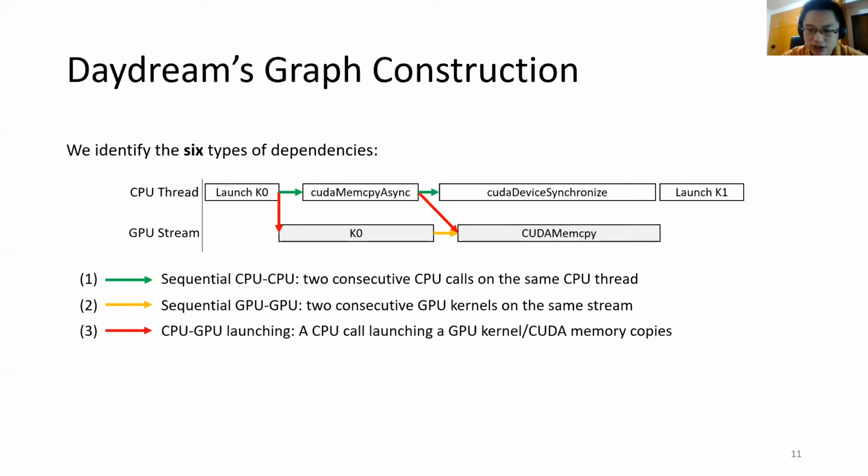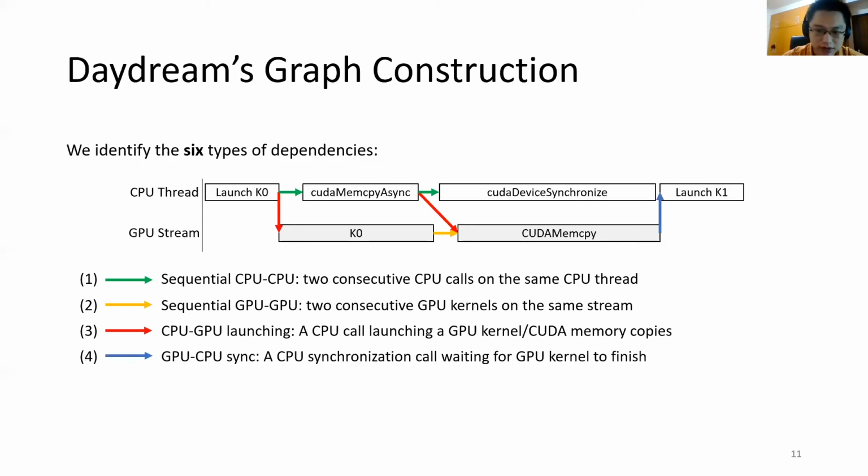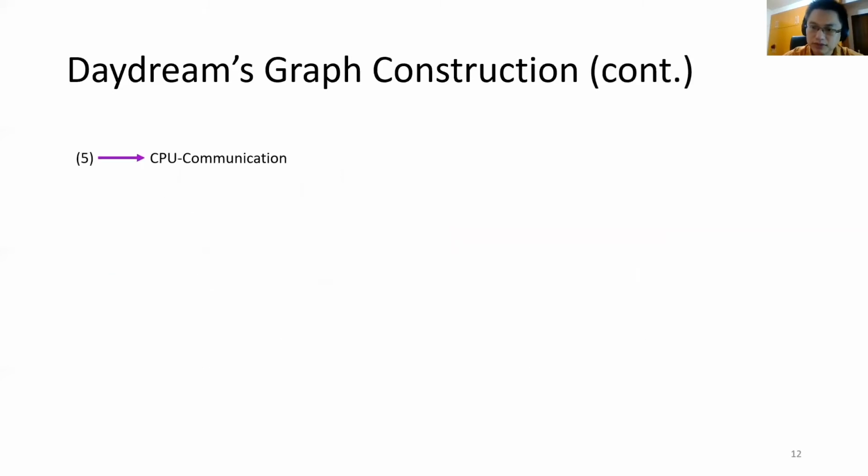And third, each GPU kernel or CUDA memory copy is invoked by a corresponding CUDA API, and therefore there should be a dependency from the launching API to its GPU kernels. And fourth, when calling a synchronization call on the CPU thread, the thread will wait for GPU kernels to complete. This creates a dependency from GPU kernels to a CPU call.